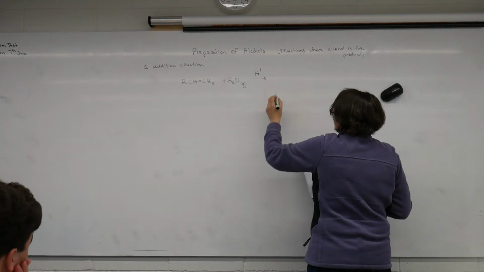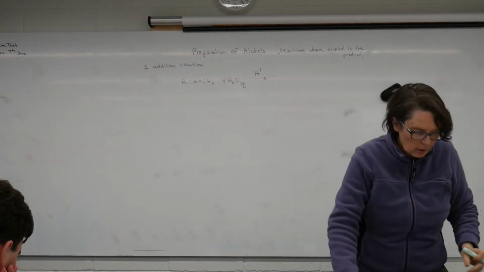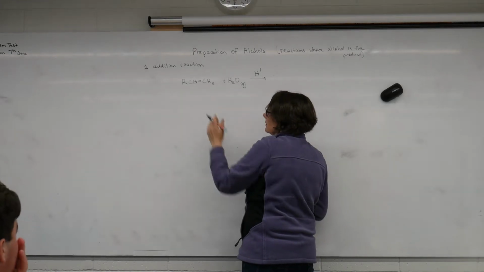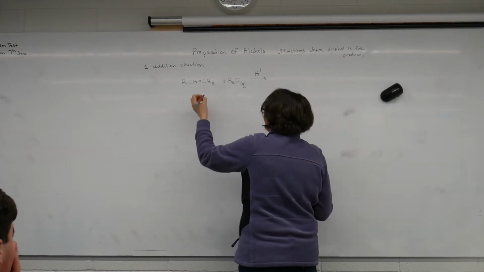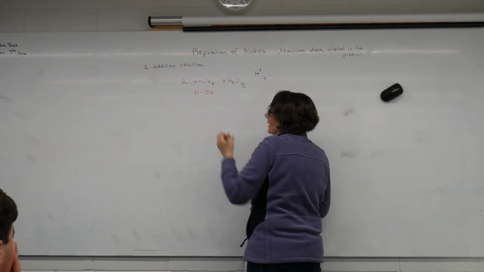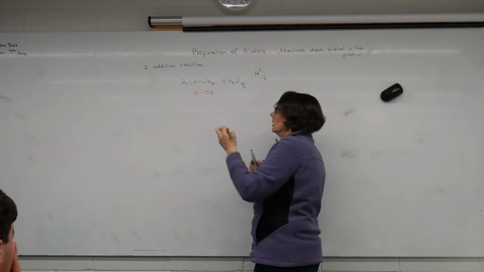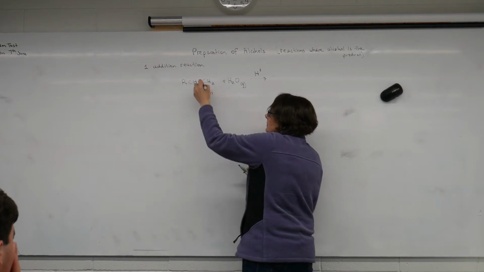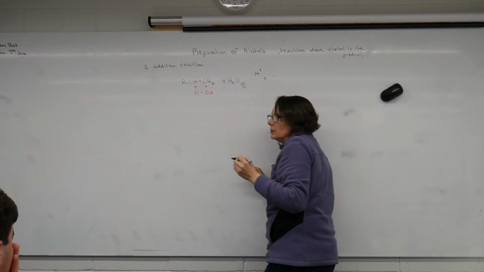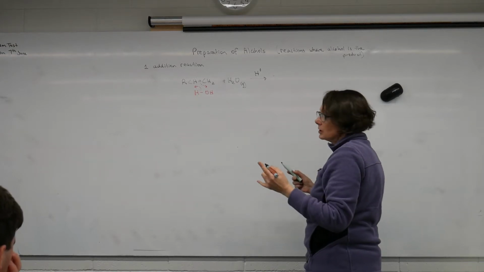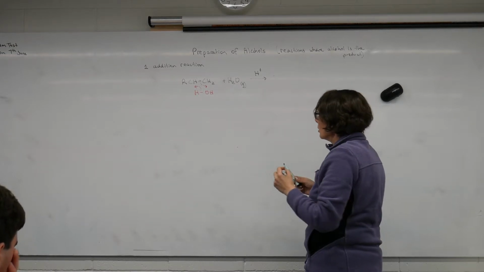Now, what happens is, just like with our other addition reactions, I'm going to just rewrite the water that I've got here down in the way that it can add across the bonds. And that's like that. So what we can end up with happening is that that bond breaks, and the bond within the double bond there between our carbons also breaks, so that we end up with an alcohol.